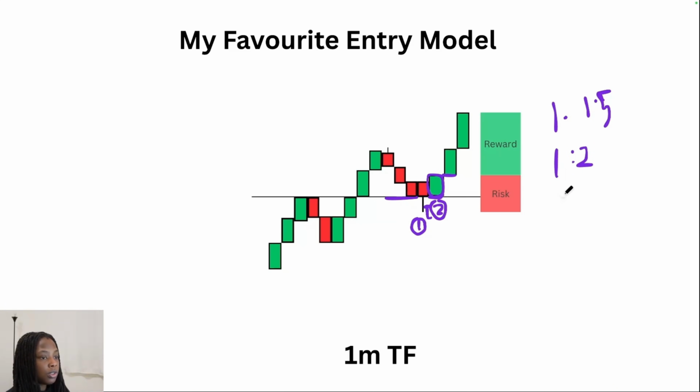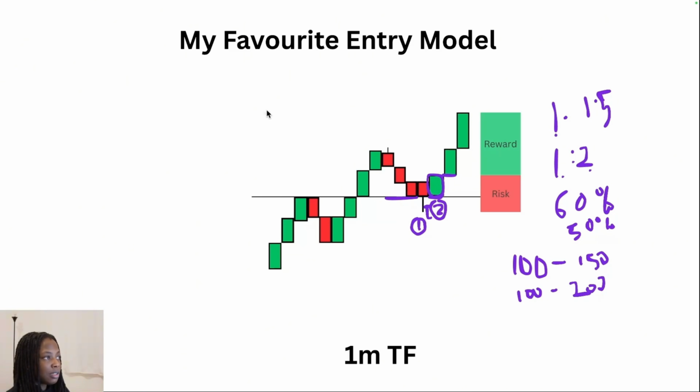Because I know this strategy has a 60% win rate, or on a bad trading month around 50%, I know that if I target a 1 to 1.5 or 1 to 2 risk to reward, I will be profitable. So that's risking $100 to make at least 150, or risking $100 to make at least 200, depending on your risk.